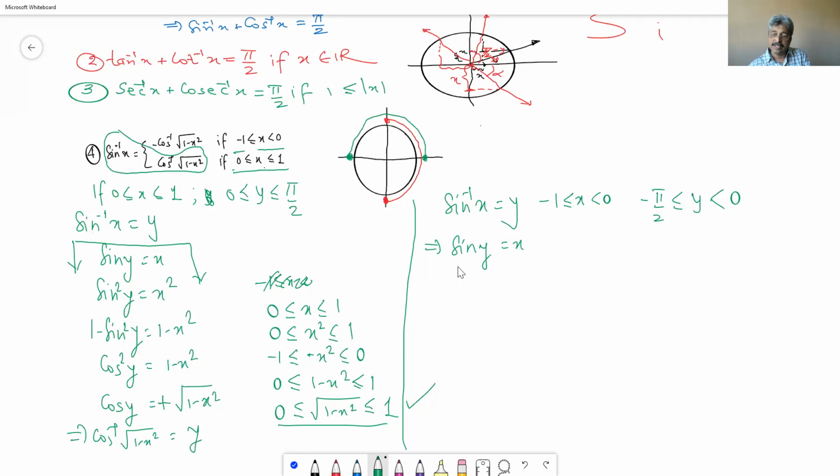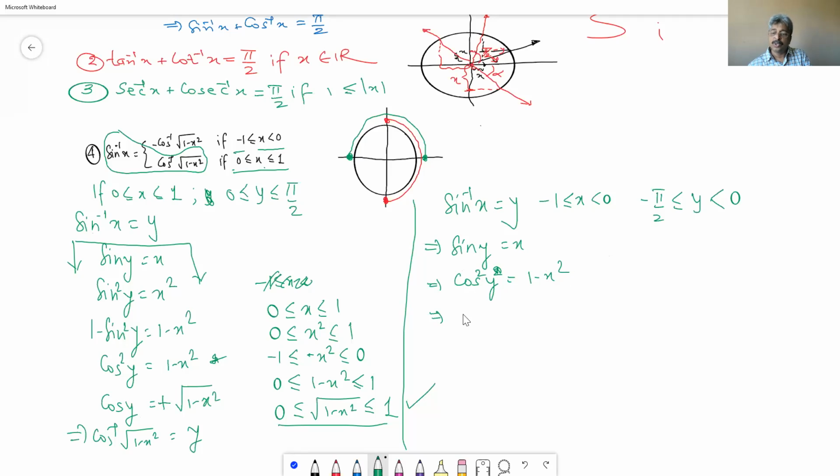Okay, so this is fine. Now you do this exactly same trigonometry again and get cos square y is equal to 1 minus x square. So I am jumping onto this step directly because all the steps are same.